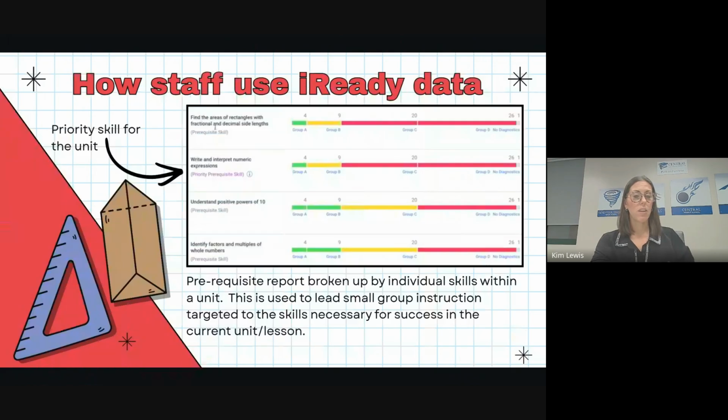The other thing I wanted to say about the iReady data, and I didn't put it in here initially, but I have since sent some information out to 3rd grade families and 5th grade families. So starting next school year, we are going to be offering an accelerated math class for students in 4th grade.